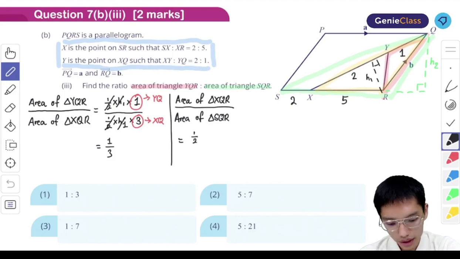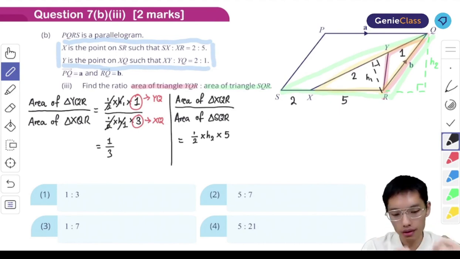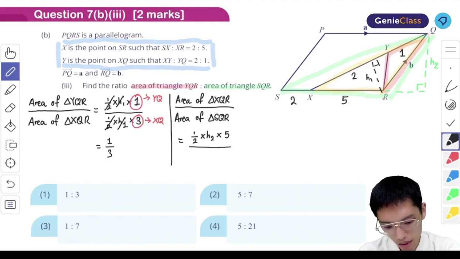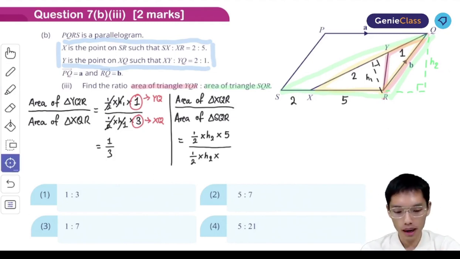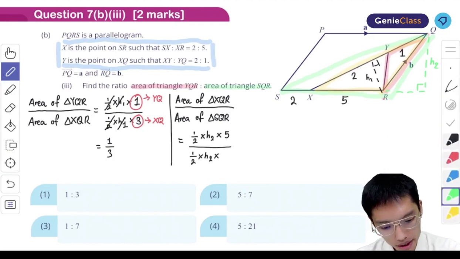Again, half, and my common height is H2. For the yellow triangle, the base now is 5. So you have to find the correct base in reference to the common height for the triangle. Very important. And the other one is going to be half times H2 times, again, my whole length, guys. This is the whole length I'm looking for SQR.